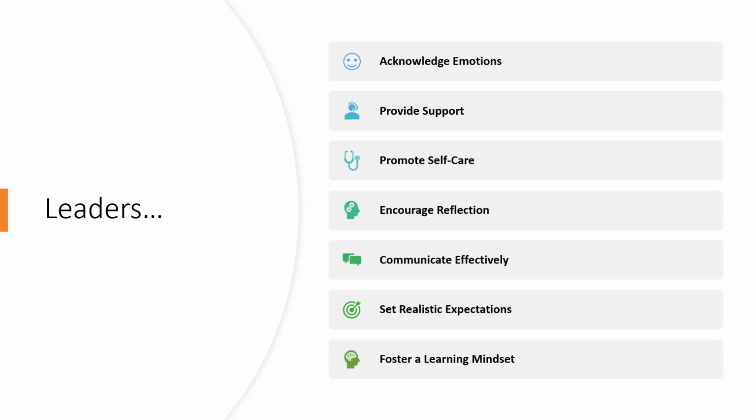Encouraging individuals to prioritize self-care and well-being is a very important way leaders work. Meditation, relaxation techniques, and spending time with loved ones are all suggested by the leaders as well. The leaders encourage reflection. They promote reflection and mindfulness to help individuals gain perspective on their emotions and reactions.